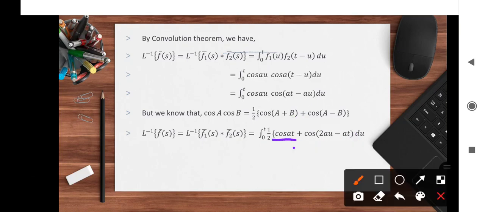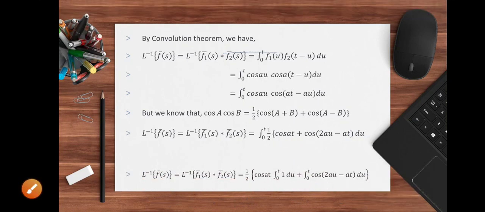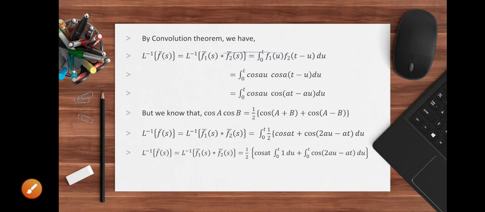Now here we have the first term which does not have any u term, and we are performing integration with respect to u. So the first term, which contains t, will be treated as a constant multiplier. We can write this integration as 1 by 2 outside the bracket, which is a common multiplier for both the terms, and cos at outside the integration as it is a constant with respect to u.